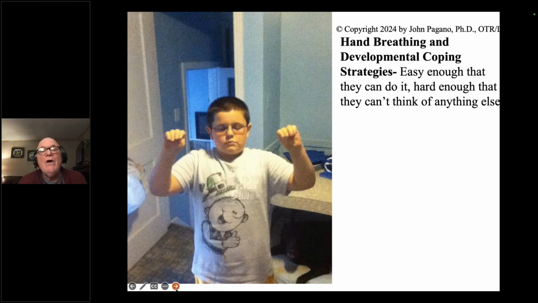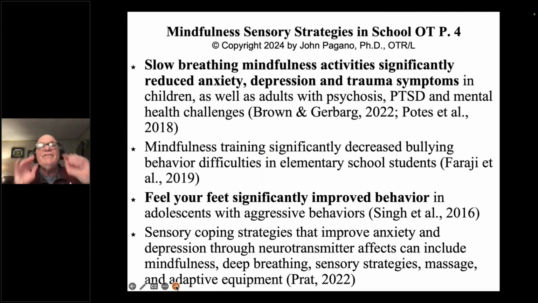And then once I've taught them the different strategies, I go into the classroom and do it with the whole classroom. These children are able to keep up because I've already been working on it for several months in individual and group. In addition, it's going to help the whole class, and it's going to give the child a lot of breaks during the day, which will help his behavior.